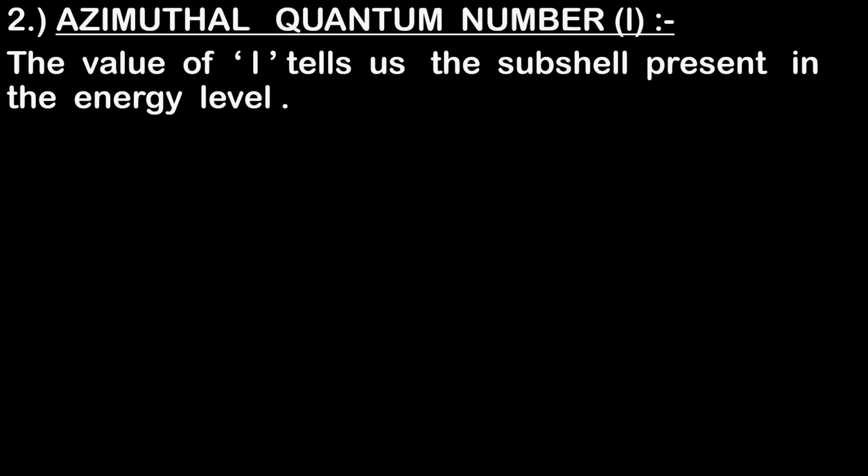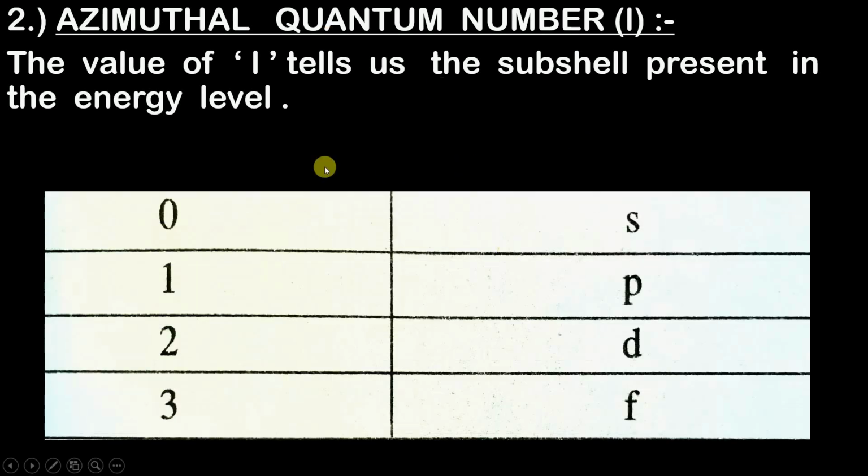So let us understand this now. See, for specific values of L, the subshell is fixed, which means that you need to remember these corresponding values. This is the only thing you need to remember in this video, rest all is concept based.